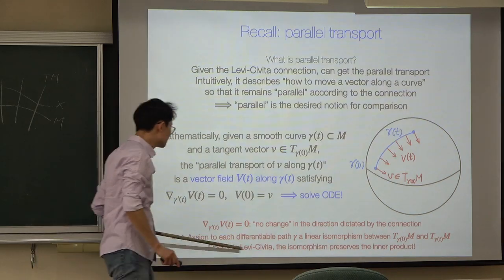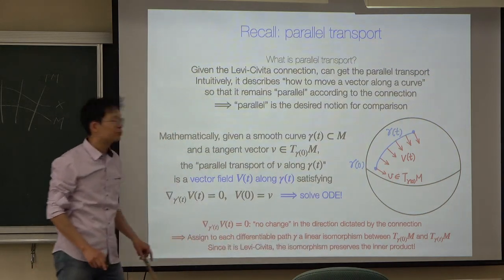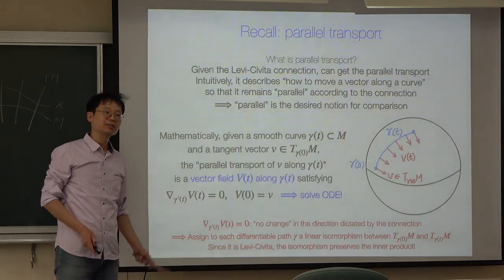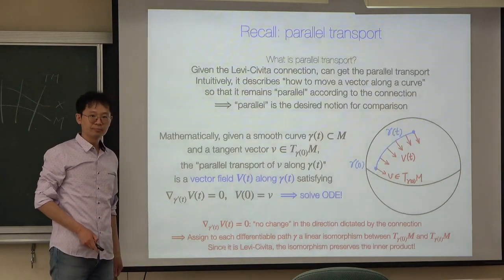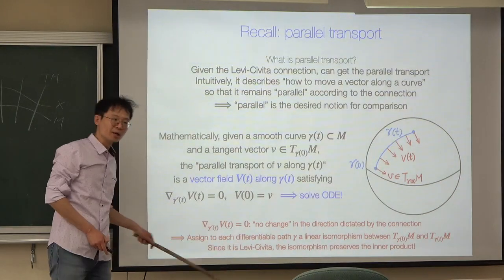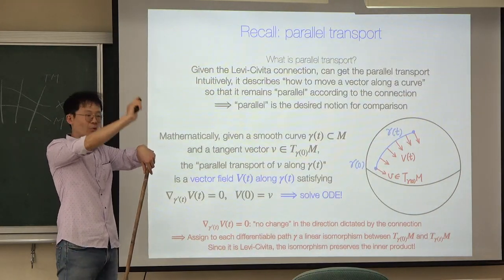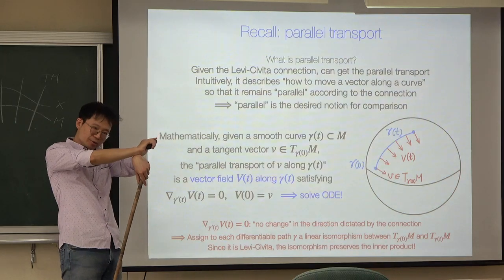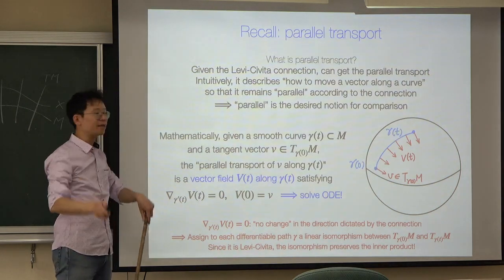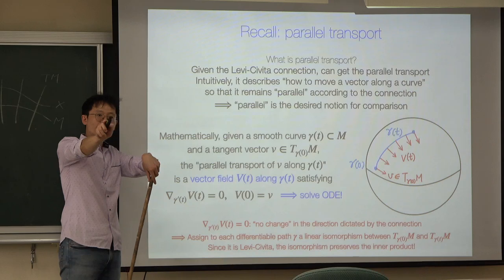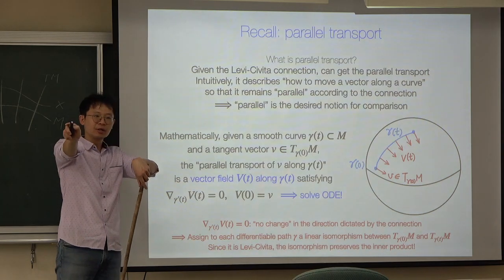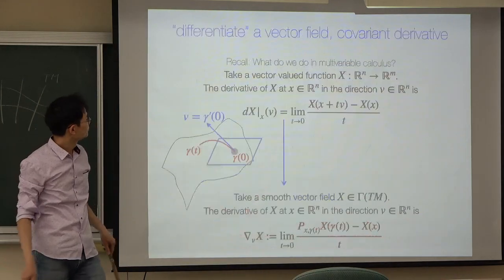And since it's Levi-Civita, the isomorphism will preserve the inner product, like I mentioned before. And in this way, you know how to map one vector at one point to another point. And this movement will respect the connection, or respect intrinsic geometry.